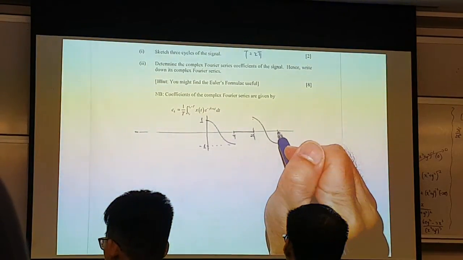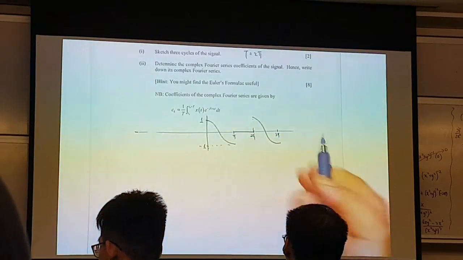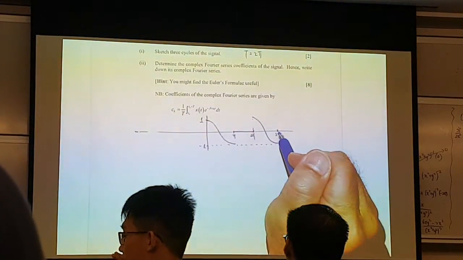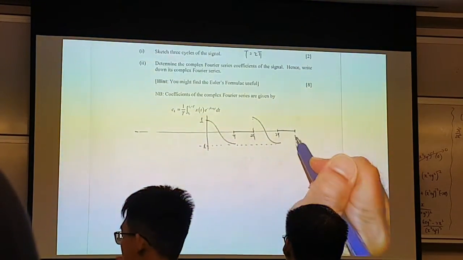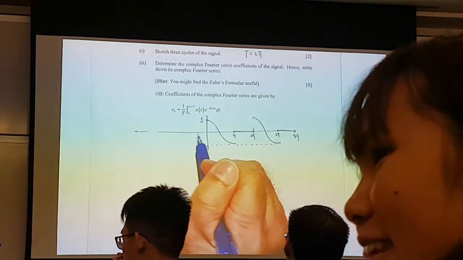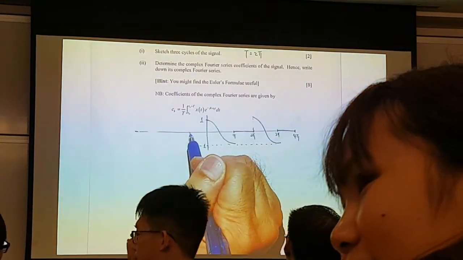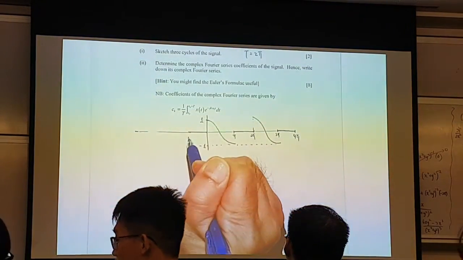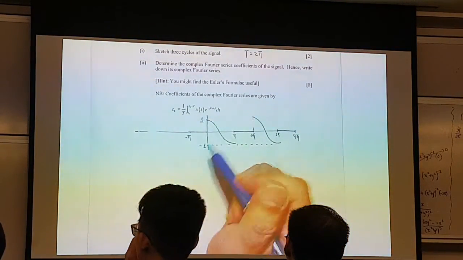So this is 3 pi, and then you will go to your 4 pi. And from here, the other one is minus pi.